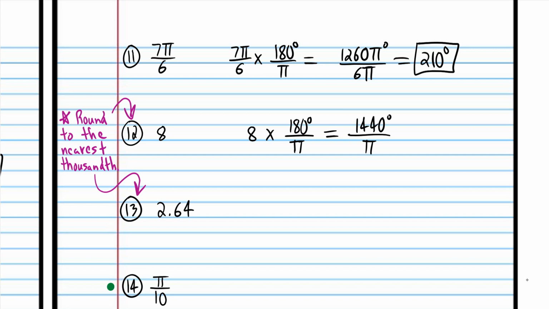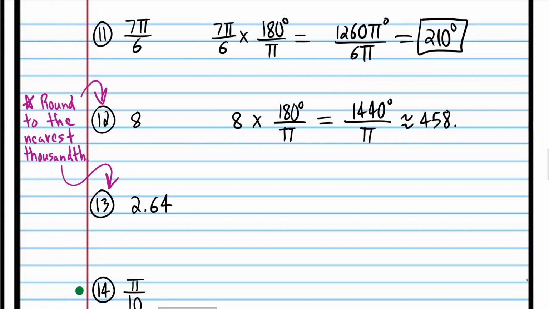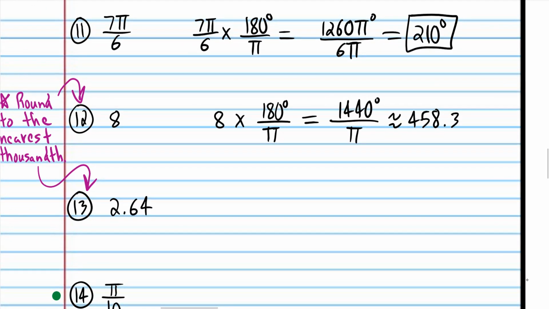It's right below the button that says clear. Push that button and then press enter. And we get approximately 458.366 degrees, rounded to the nearest thousandth.